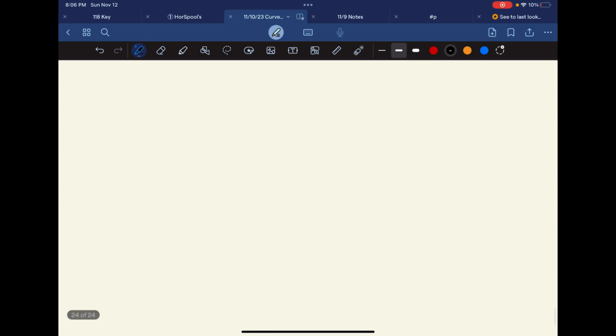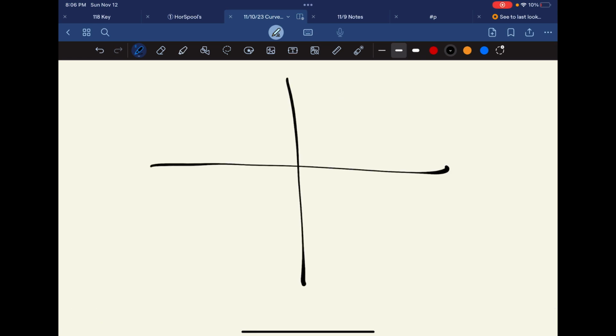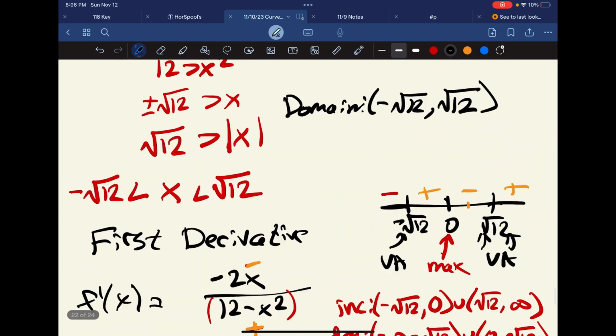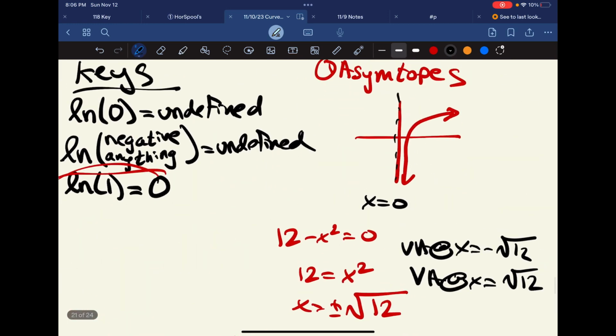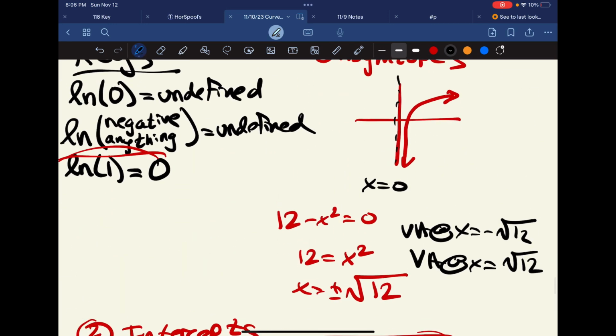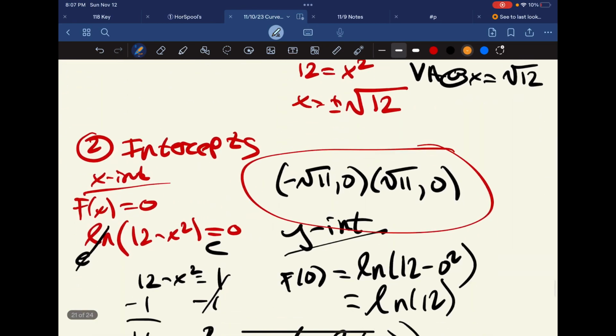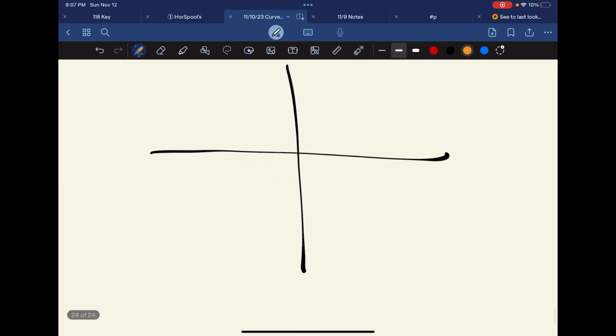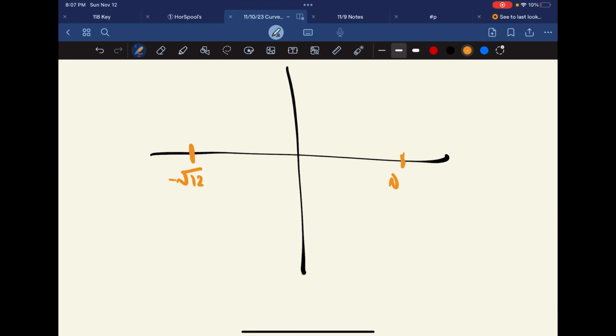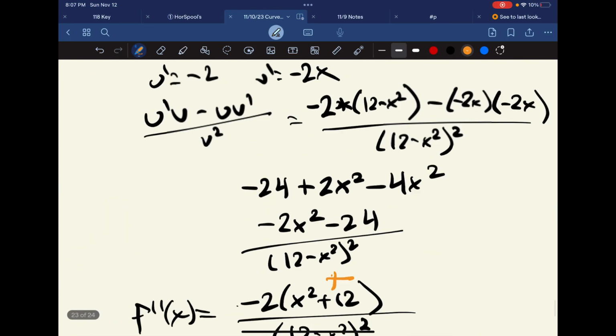All right, so now to graph our function. So we always start with the asymptotes. So we got a vertical asymptote at negative square root 12 and square root 12. Great, so now let's think about our intercepts.